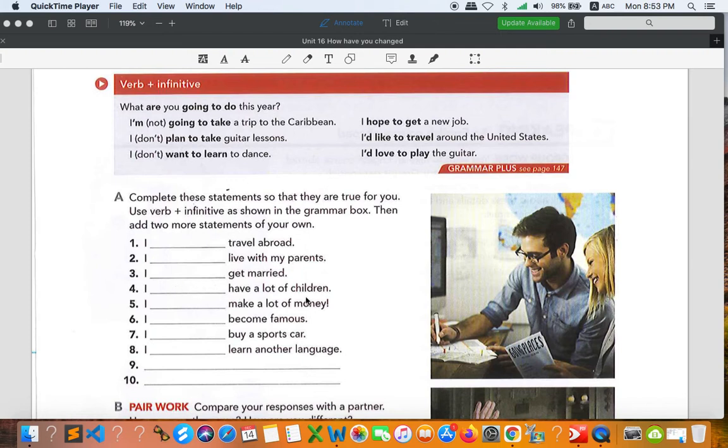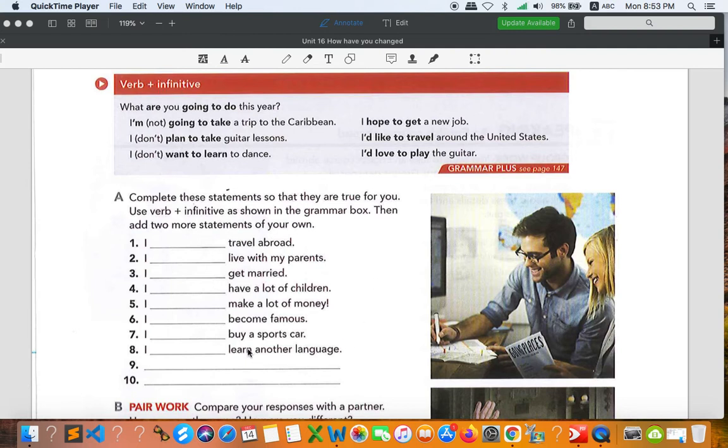I live with my parents. Maybe you said I would love to live with my parents, or I would like to live with my parents, things like that. So the next are get married, have a lot of children, make a lot of money, become famous, buy a sports car, learn another language.